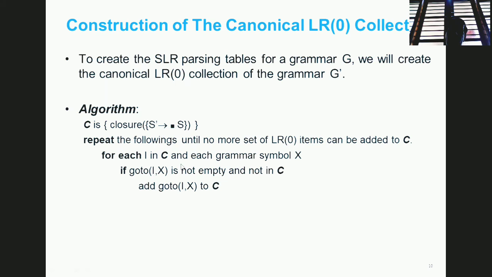That will take you to a new state, and it will be added to C. So C is nothing but the canonical collection of item sets. Each item set represents a state in a DFA, which tells us from which state to which state we are supposed to move when a particular symbol is read.